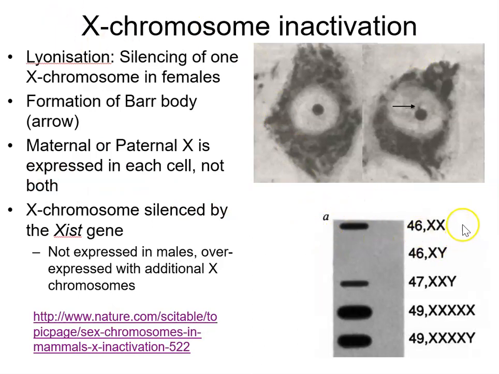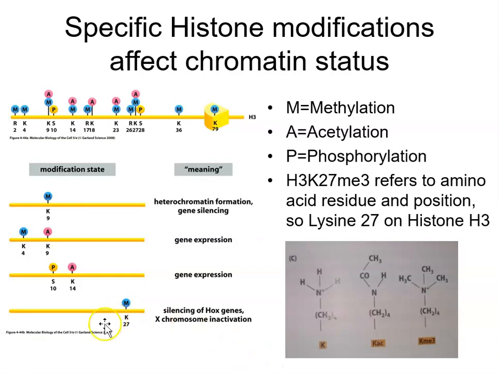In biological females with 2 X chromosomes, so 46XX, in each cell there are 2 X chromosomes, one of which is silenced, and that is silenced by this modification here. So here we can see lysine 27 is methylated in X chromosome inactivation.